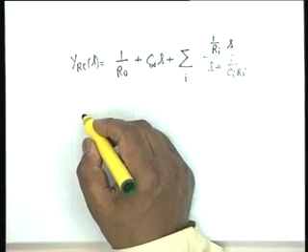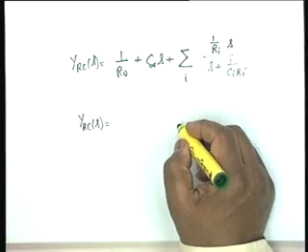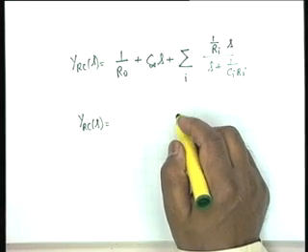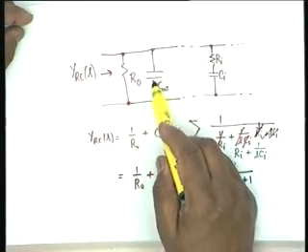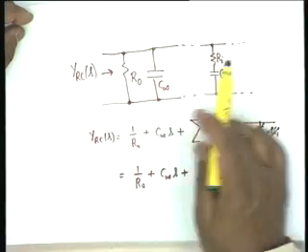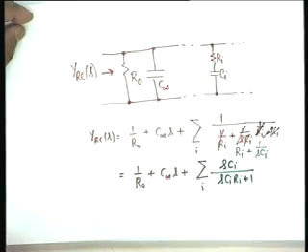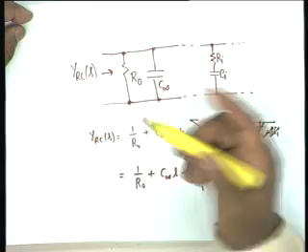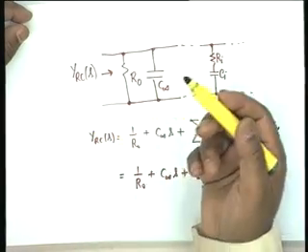And you notice the most general form for an RC admittance would be, oh by the way, do you understand why I have used the symbol R0? At DC everything is open, the capacitors are open, and therefore it is only this resistance R0. So 1 by R0 is the value of YRC at S equal to 0.